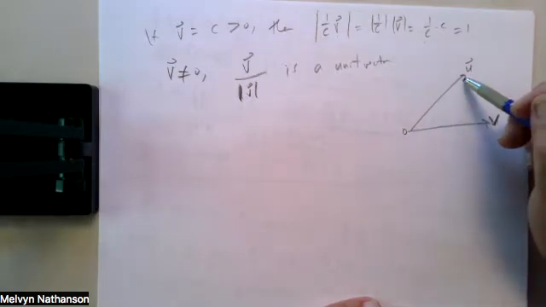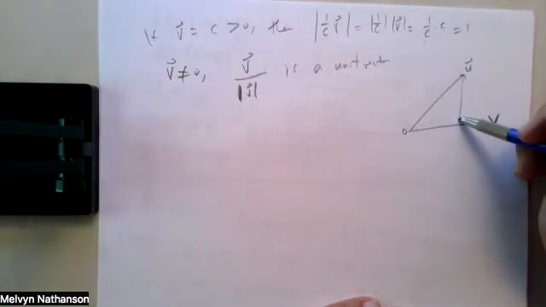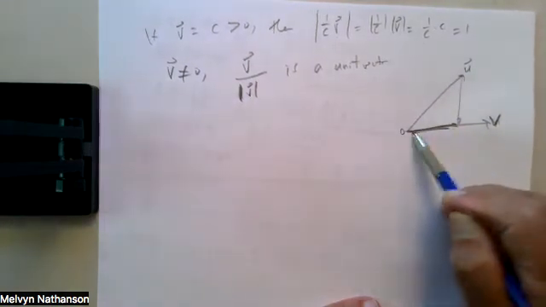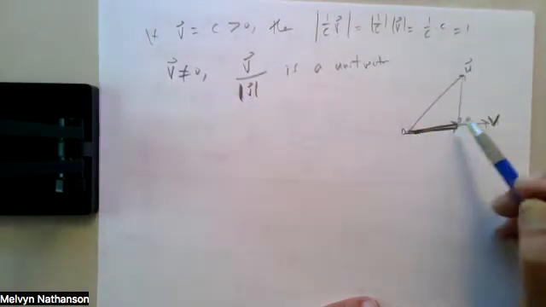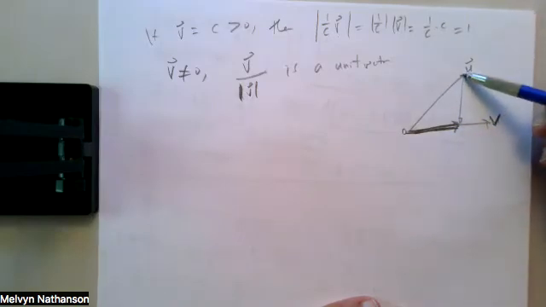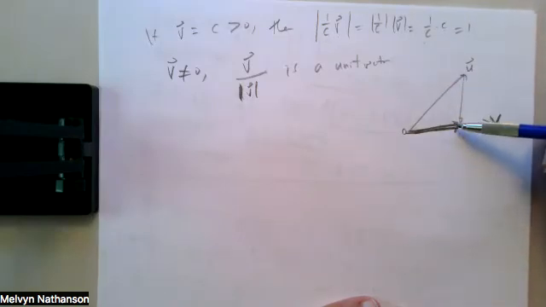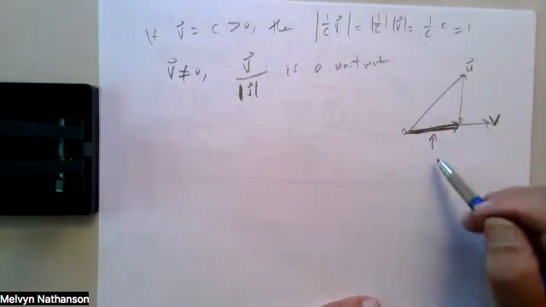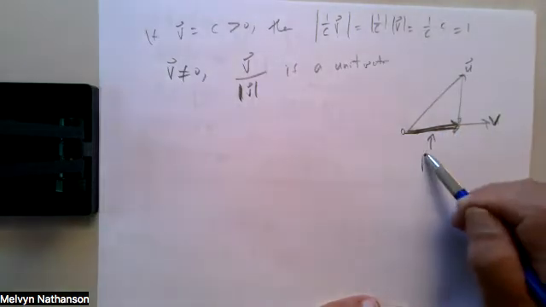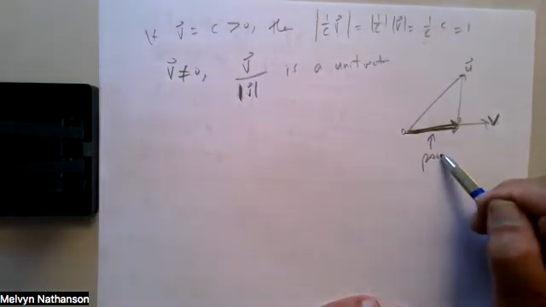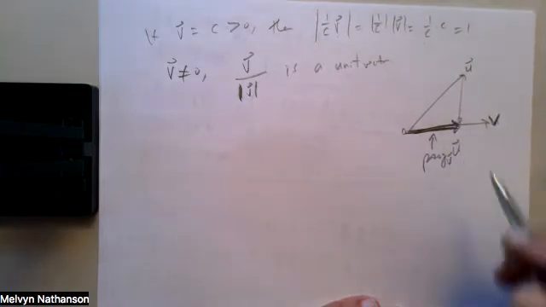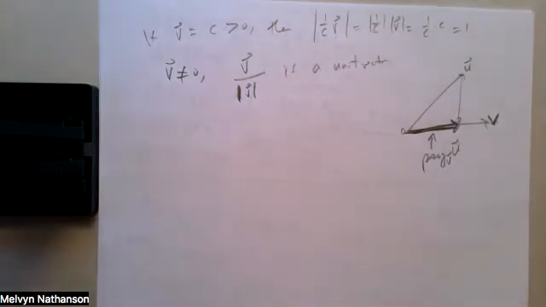Suppose you drop the perpendicular line segment from u to v. Then this vector that I'm making very dark is sort of like the shadow of u on v, or the projection of u on v. So this vector is what we call the projection, proj, of the vector u in the direction of the vector v.